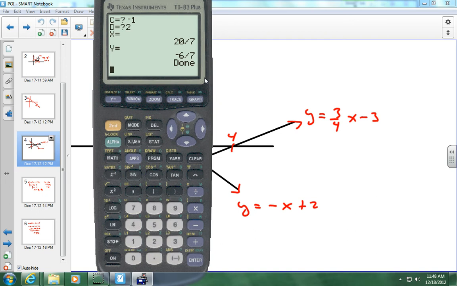I got 27 to negative 6. That's weird. I think the X is right. Whoa! You had 3/4 and negative 3/4.